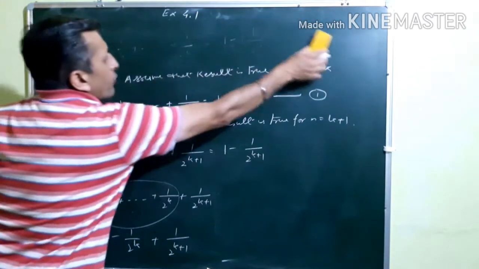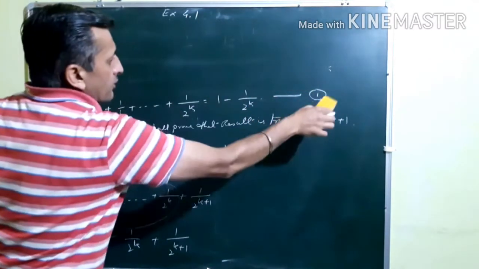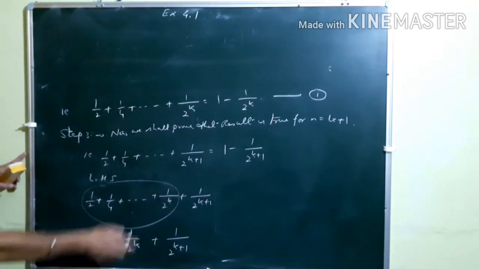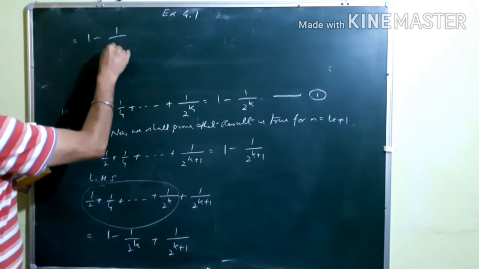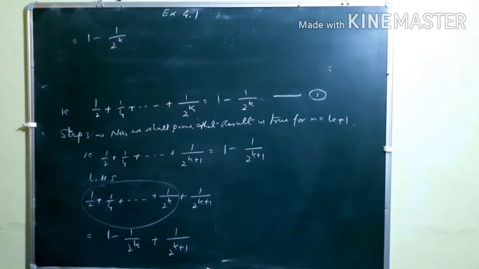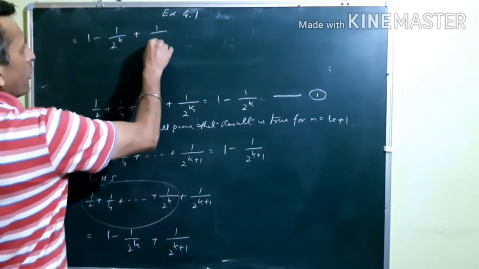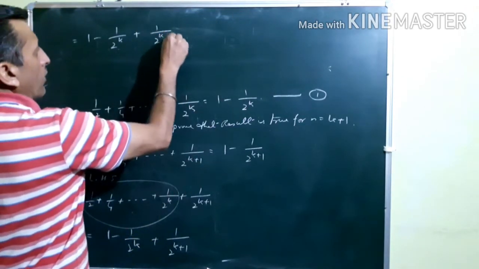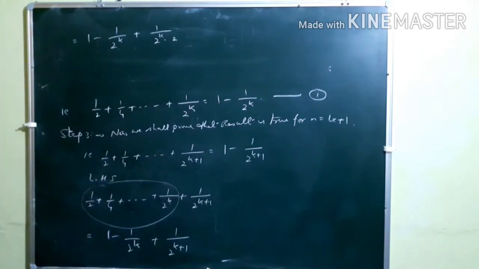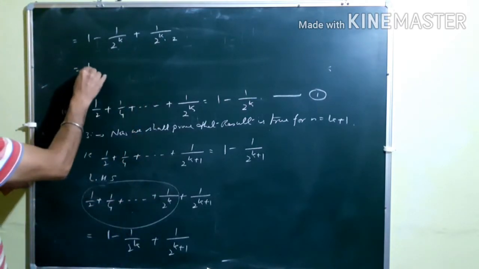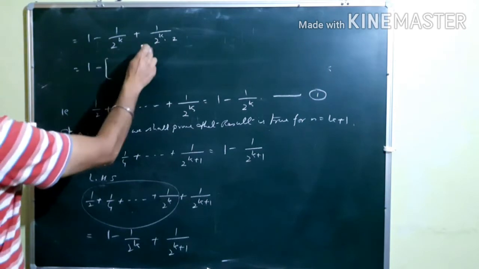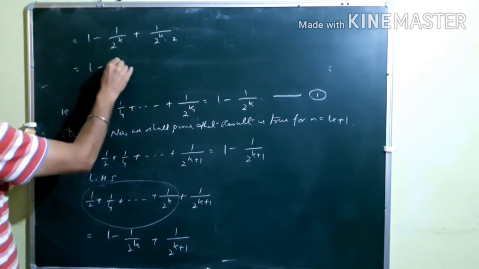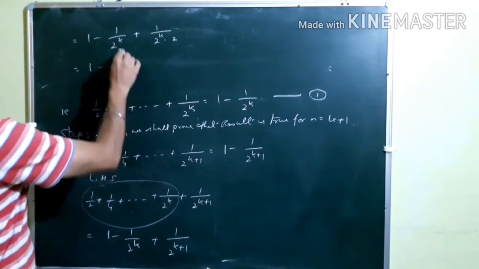Then we use step number 2, this first part, which is equal to 1 minus 1 upon 2 to the power k plus, here you can write this term as 2 to the power k into 2. Taking 2 to the power k as common, it's 1 minus 1 upon 2 to the power k, common after this.